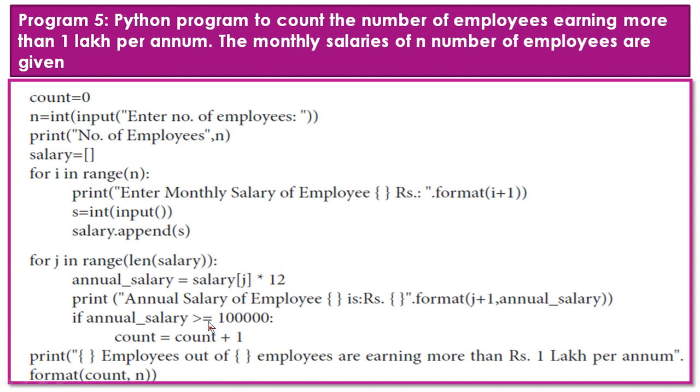If less than 1 lakh, this statement is not executed, so count remains in the same position. The final section of this program is here: the number of employees who get a salary of more than 1 lakh is printed by using this statement.